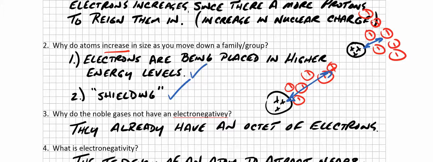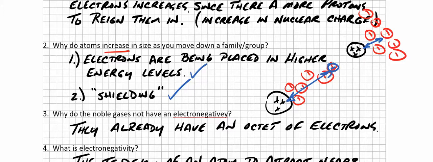Let's explore this concept. If I look at an electron in the outer periphery, I'm going to outline this one right here as the one that I'm interested in. This electron in the very outer part is being pulled towards the center of the nucleus by the nuclear charge.